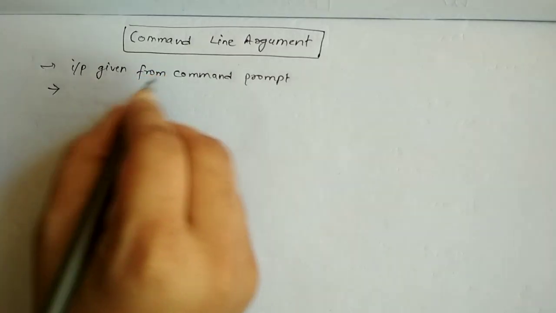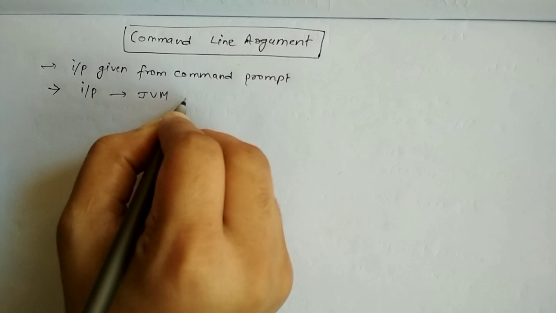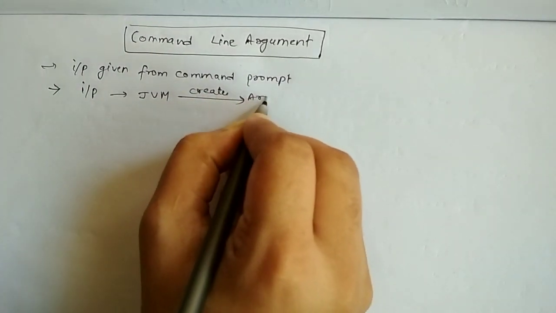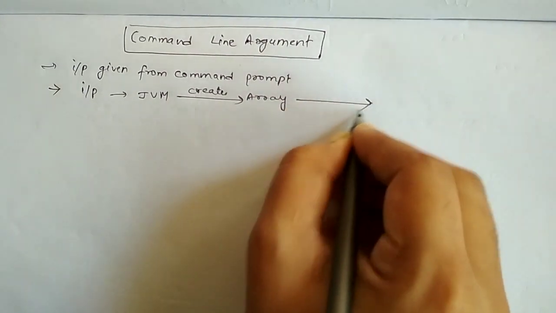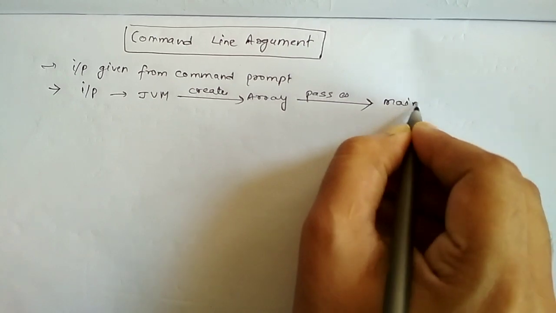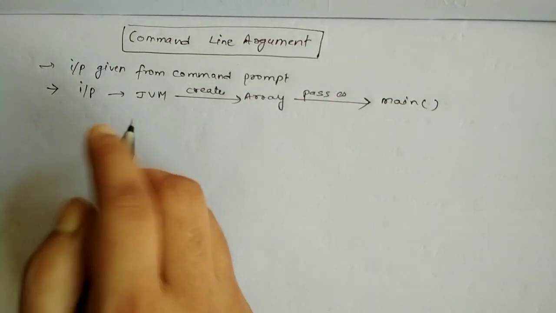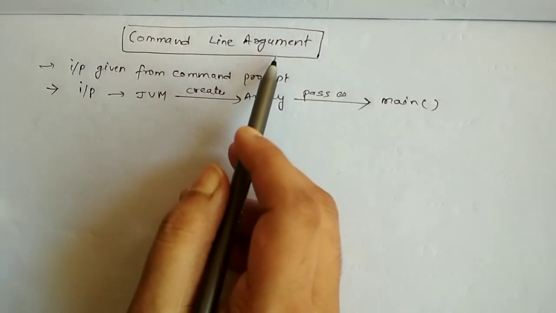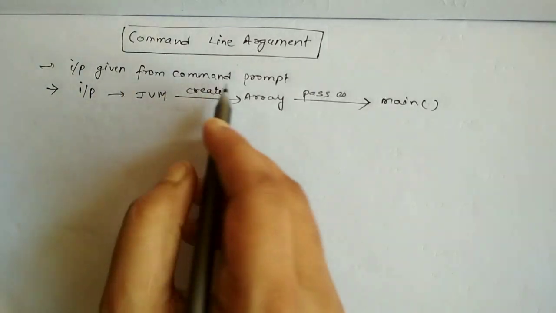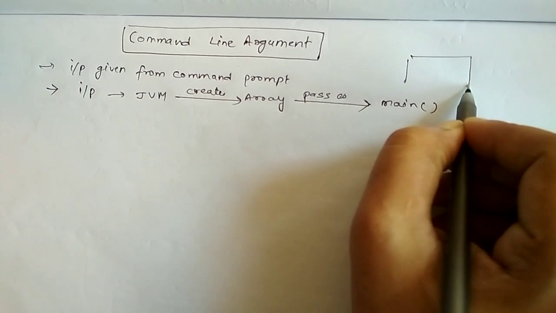Whatever input we give in the command line, with that input the JVM creates an array and passes it to the main method. So command line arguments are the arguments, in the form of input, which are given from the command prompt. Command prompt is kind of a black screen.